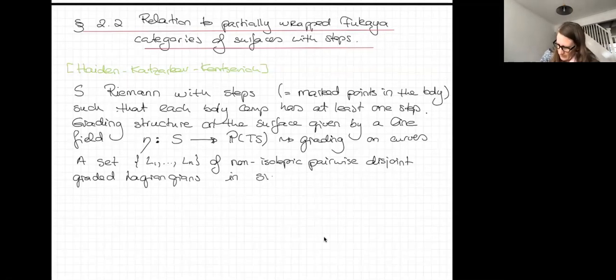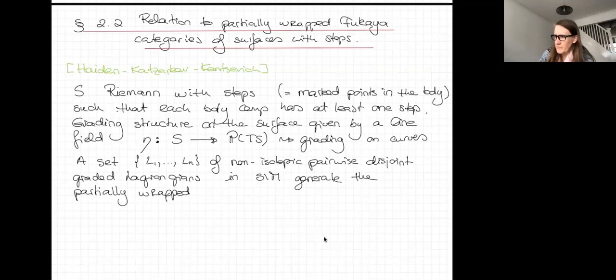Okay, so there can be closed curves, or they can start and end at the boundary, but not on the stops. And they generate what is called the partially wrapped Fukaya category. And I mentioned last time briefly that this was introduced by Oru.